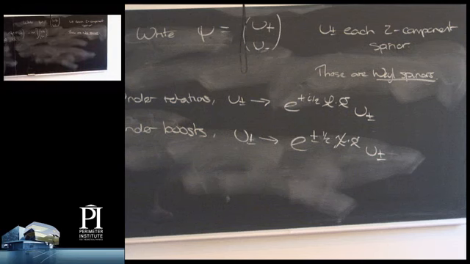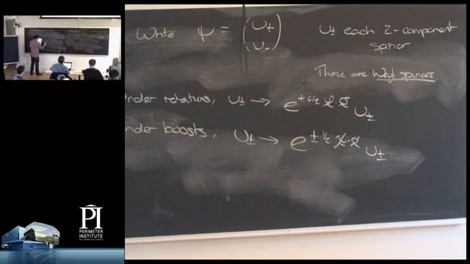Okay, so just writing this out and introducing a little bit of new notation. I've introduced a new notation which looks like the Pauli matrices, except now it's got a space-time mu index instead of the i.